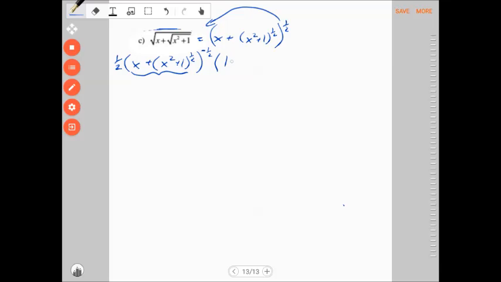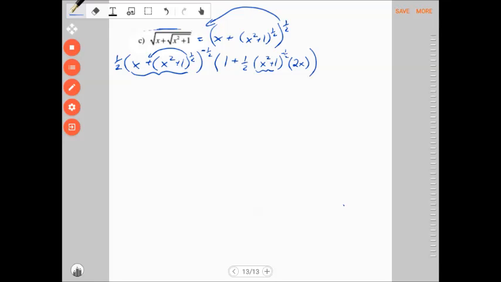So derivative of x is just 1, plus, now that half comes down in front. So half x squared plus 1 to the negative half. And then we have to chain rule inside here. Wow, lots of chain ruling. So 2x. And then that closes the big bracket there.